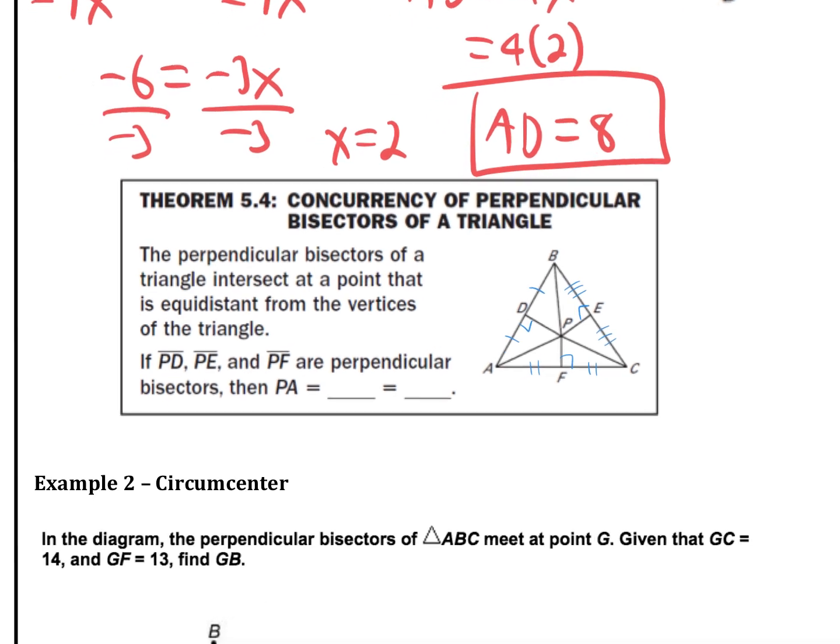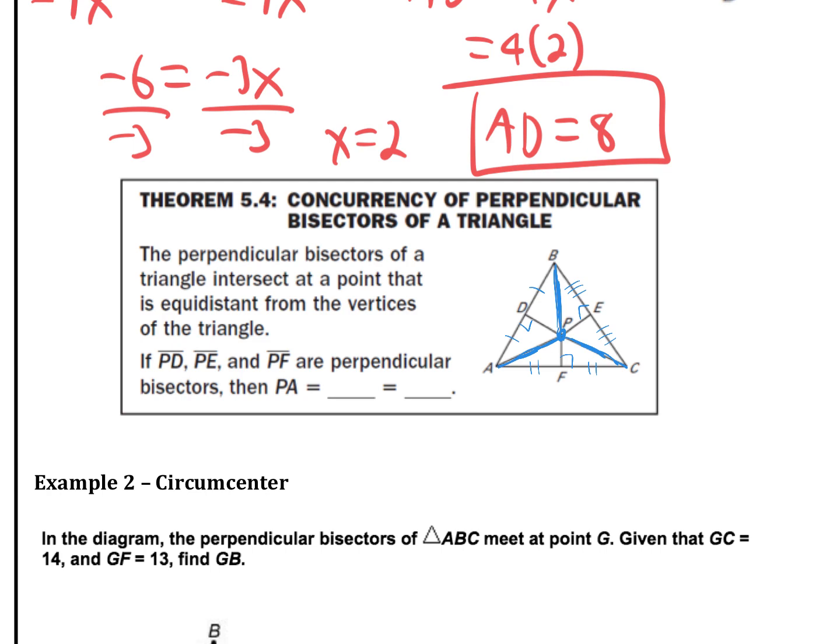These are all the perpendicular bisectors right here. These are perpendicular, perpendicular, perpendicular. P is where they all cross. And the rule is that these highlighted lengths are all going to be congruent. It's just a property of the perpendicular bisectors. The circumcenter is equidistant from the corners or the vertices of the triangle.